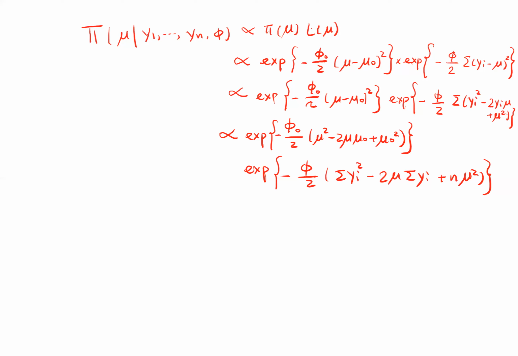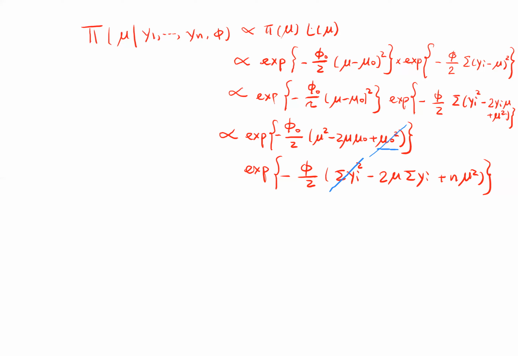So that's the first step. And once we get to here, you see that we have this mu 0 square. So that is not about mu. Okay, so that can go away. You can just cross it out, it's fine. And also the pretty nasty term, sum of all of the yi squared, that's also not about mu. Okay, so that goes away immediately as well.